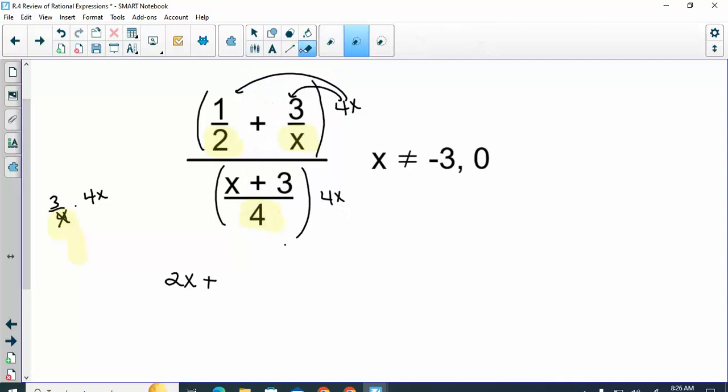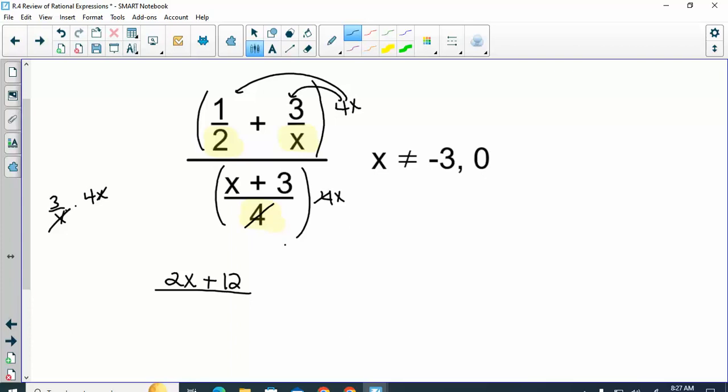If we did that, 3 divided by 4, 3 divided by x times 4x. What happens to my x's? And you have 3 times 4, which is what? On the bottom. These 4's cancel.